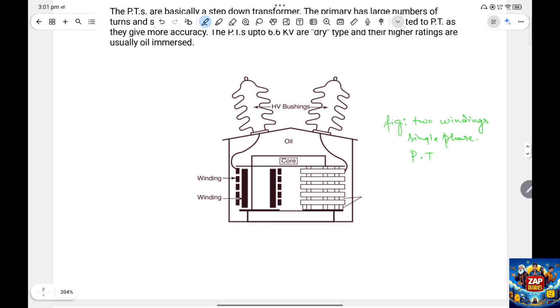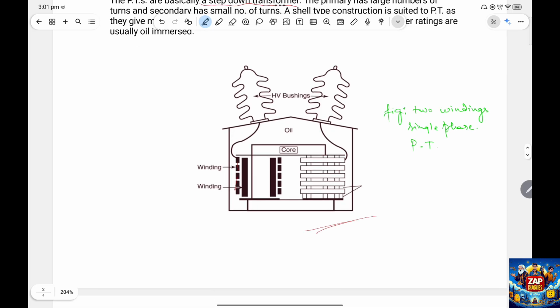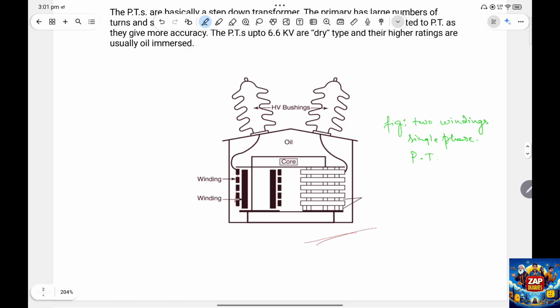So this is a figure I have. It is a two winding single phase potential transformer. You see we have two windings over here, like these two form one and these two form one. So this is a two winding potential transformer, and this one is the example of 6.6.